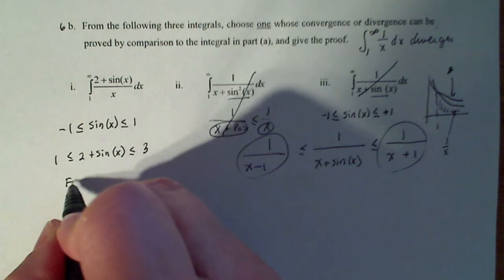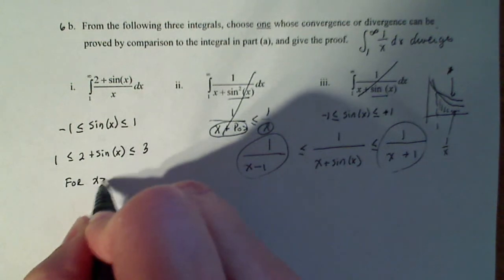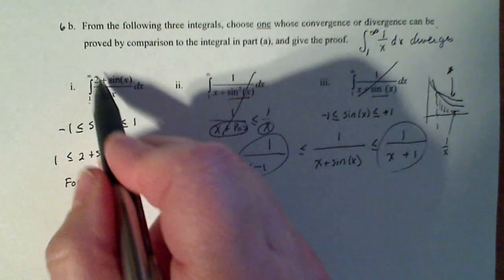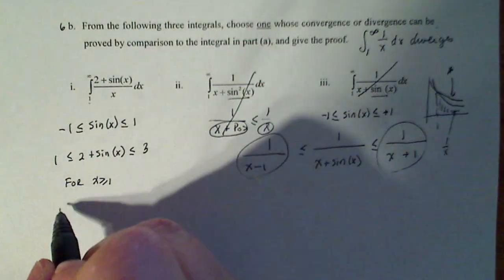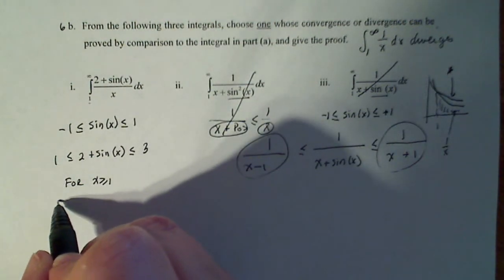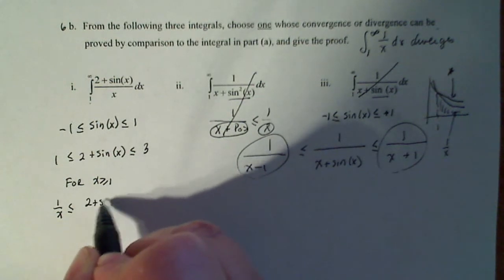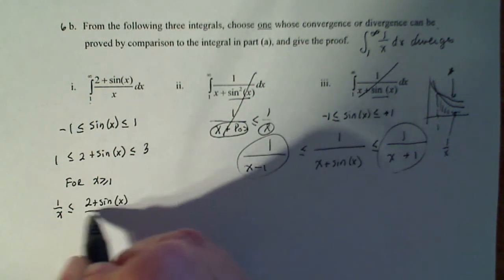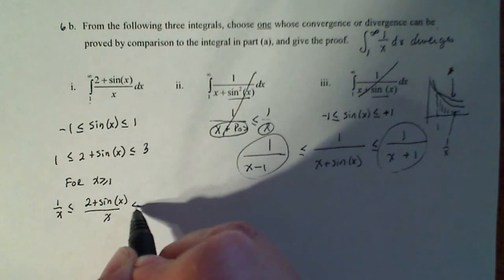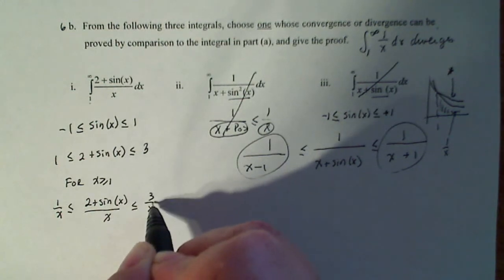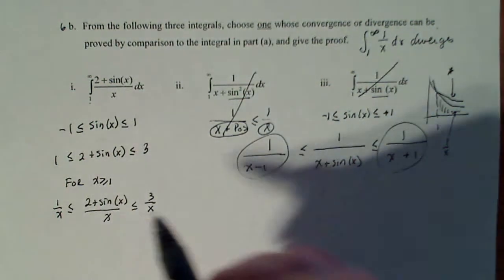Now, for x greater than or equal to 1, which is what we're working with right here, I know that 1 over x is going to be less than or equal to 2 plus sine x over x, which is going to be less than or equal to 3 over x. And that's only true because x is greater than or equal to 1.